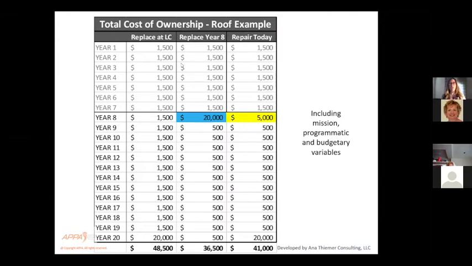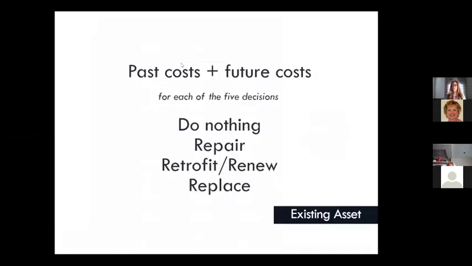Is it a roof over my building where I'm residing, or is it a roof over the president's office? And so that also aligns with the mission, which can't be calculated in a simple summation of the cost. And so, Caitlin, that's what I mean by that mission value and adding that in. I hope I've answered your question.